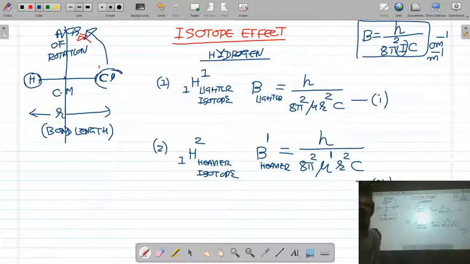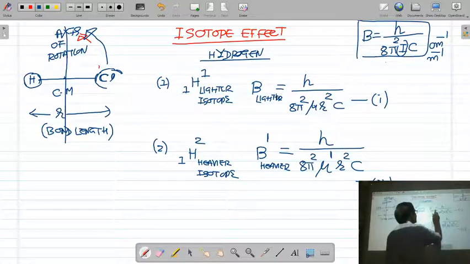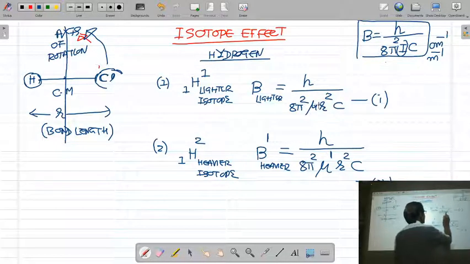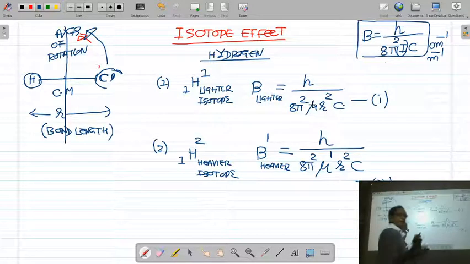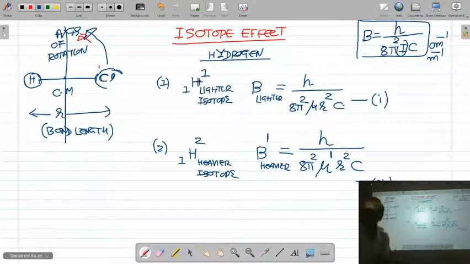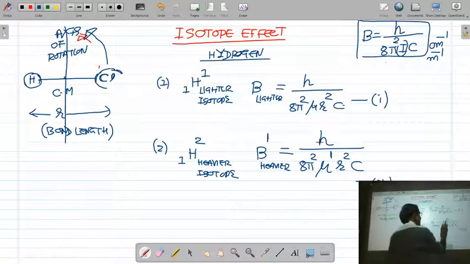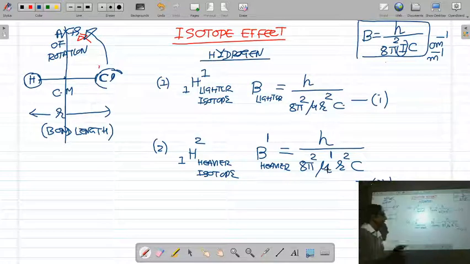So I have written the equation of rotational constant for the lighter isotope and the heavier isotope. For the lighter isotope 1H1, the rotational constant B is h upon 8 pi square mu r square c, where mu is the reduced mass of the lighter isotope. The rotational constant of the heavier isotope 1H2 is h upon 8 pi square mu dash r square c, where mu dash is the reduced mass of the heavier isotope.